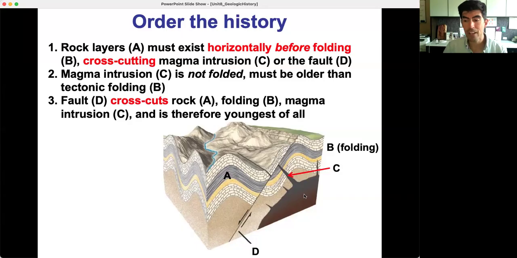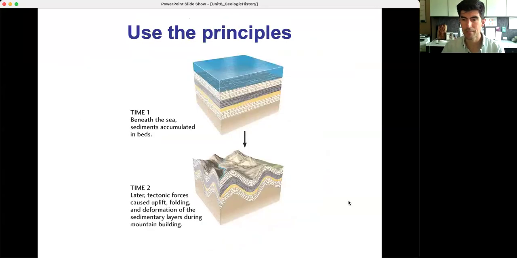At some time later, a magma intrusion came through and broke through those sedimentary layers that were folded. And then finally, a fault D came through and broke through the sedimentary layers and this magma intrusion to be the last unit in this history.